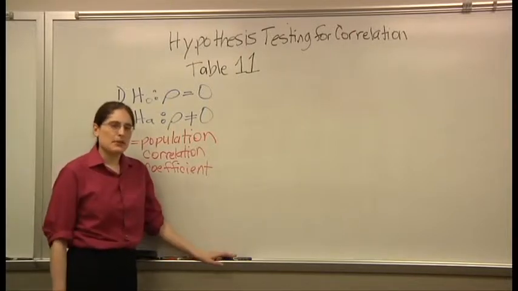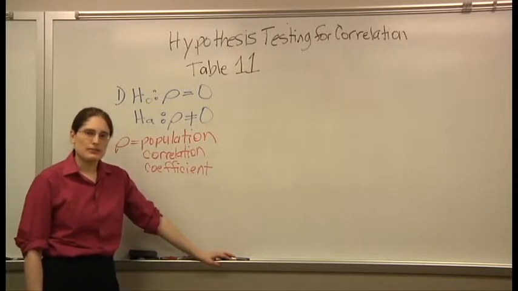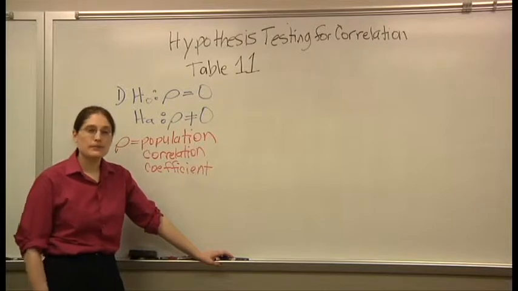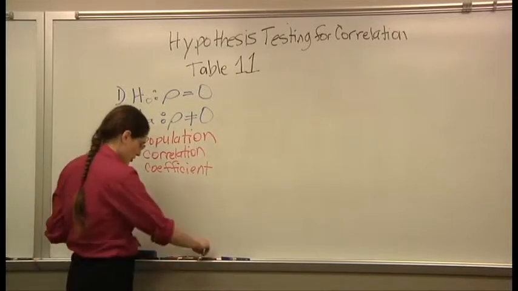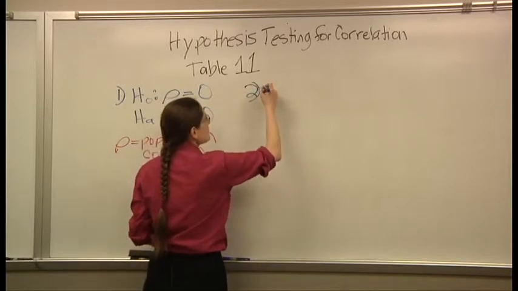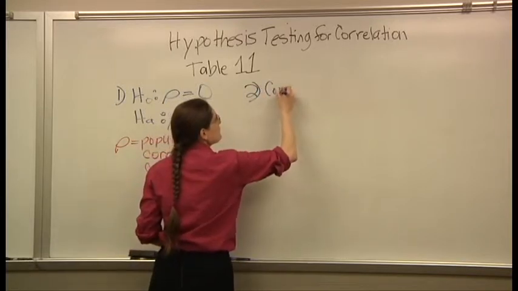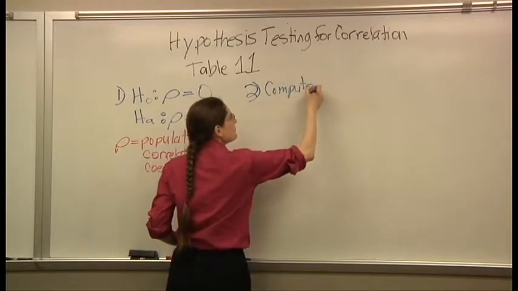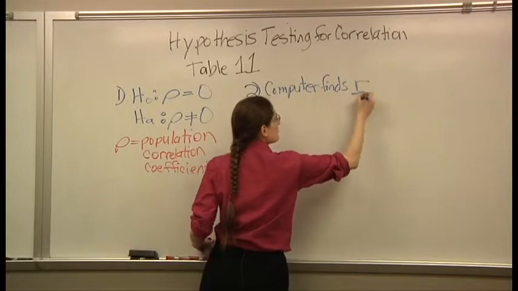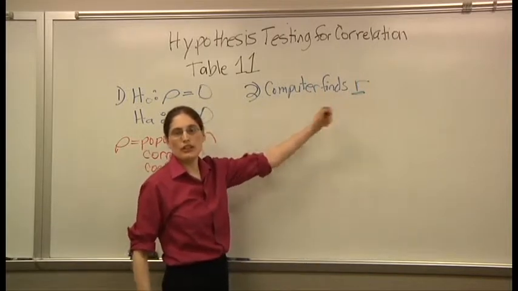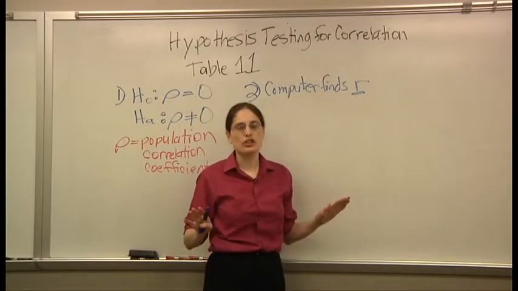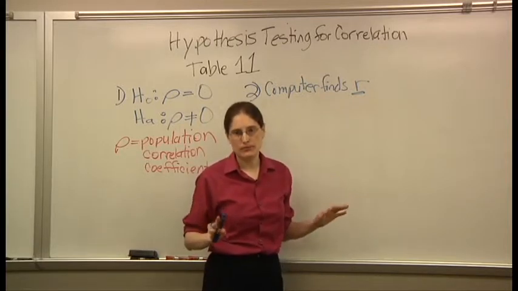What's the next step in doing a hypothesis test? Do some math. Okay, we're going to let the computer do that. The computer calculates R. On the test, I'm going to just plain tell you what R is.